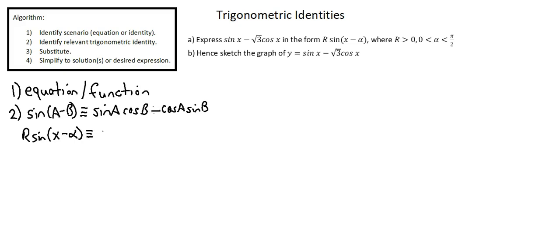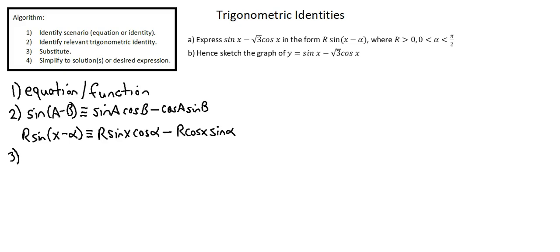This is going to be an identity with also a multiple of r on the right side of the identity, multiplying sine, what was A is now x, and cosine, what was B is now alpha, minus r cosine A will become cosine x, sine B will become sine alpha.